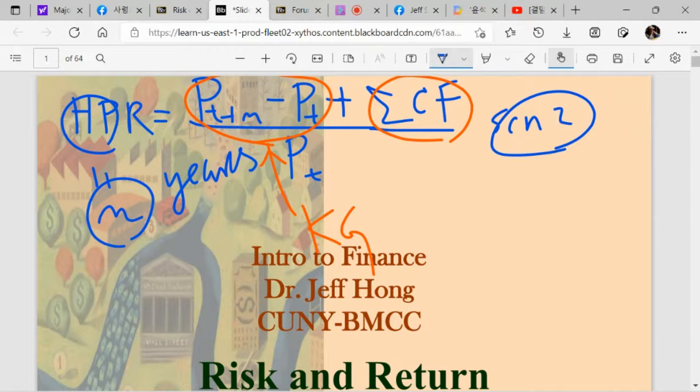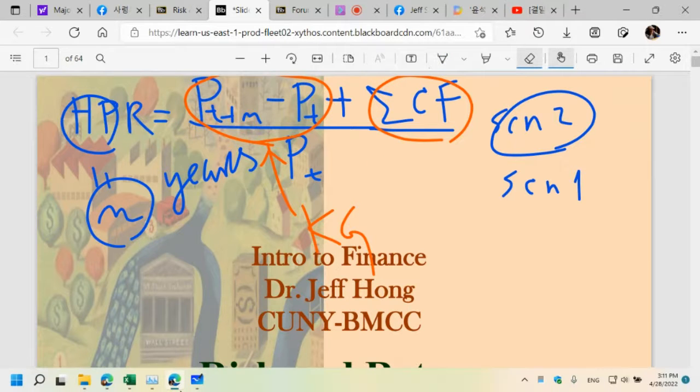There's rental income. However, in scenario 1, so I told you, scenario 2 is like a coupon bond, right? Scenario 1 is like a zero coupon bond.